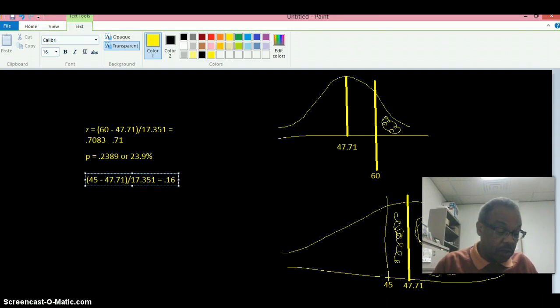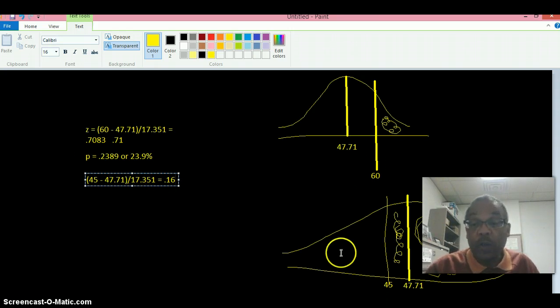Let me do that calculation one more time. 45 minus 47.71 divided by 17.351. This is a minus number, but again we're looking at the absolute values.